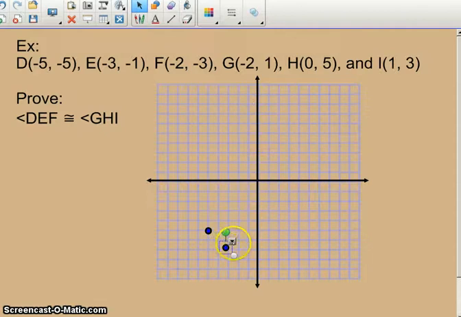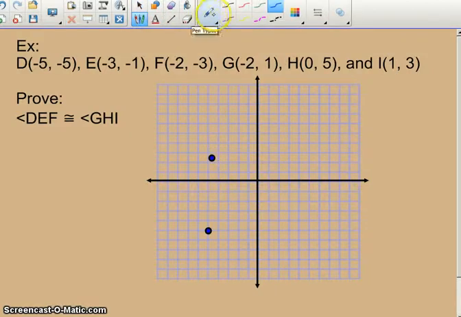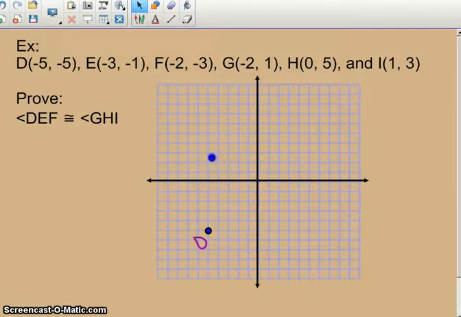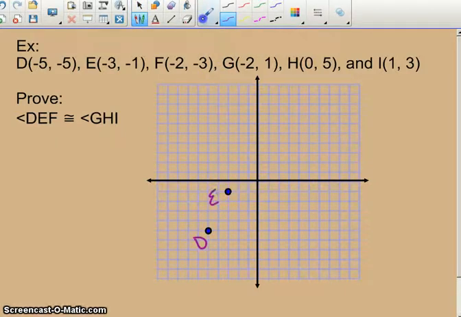I hit clone so I can just pull the next point here, and then we're at -3, -1. I'm going to go ahead and label that for us. If you worked one of these problems, I would highly recommend that you label these so you can see where you're at. That is E.